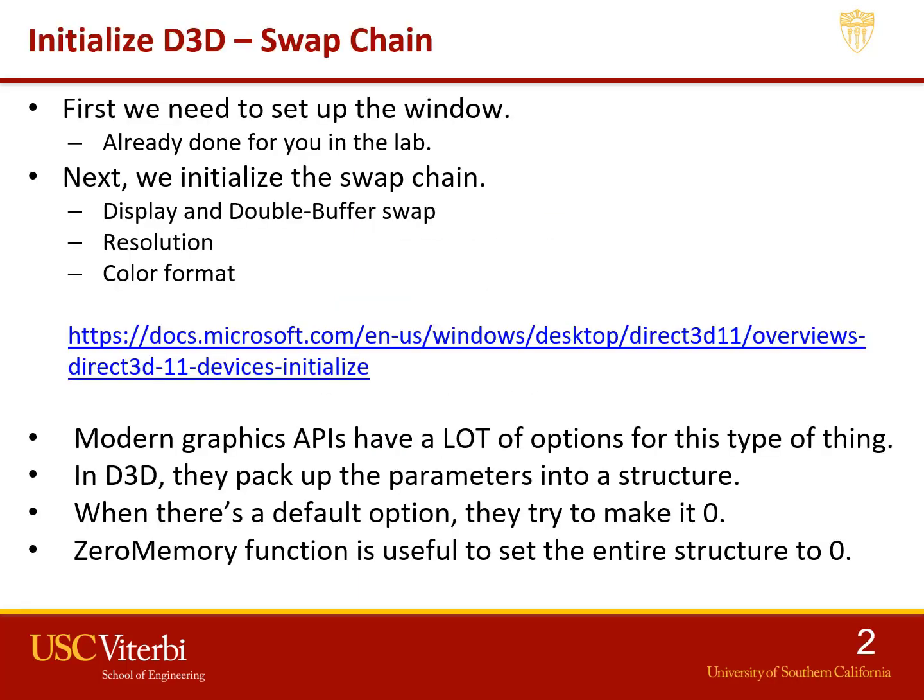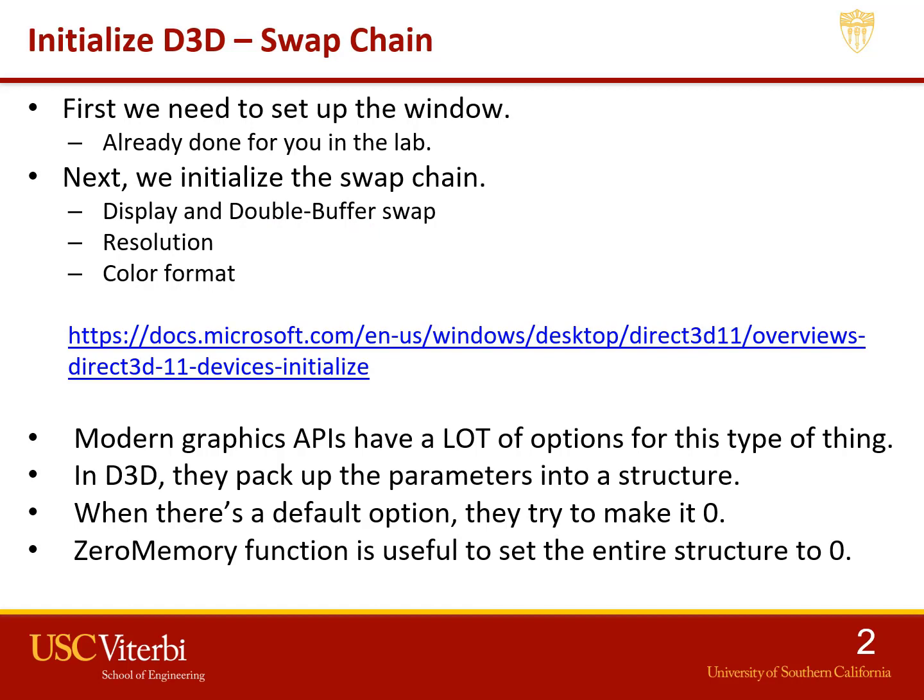So the first thing we want to do is initialize DirectX. And the first step of that, I'm going to say, is to set up the window. So the window, I already set up the window in the lab for you. You don't have to worry about that one too much. Now let's set up what's called the swap chain. We just talked about what a double buffer system is, how that looks like.